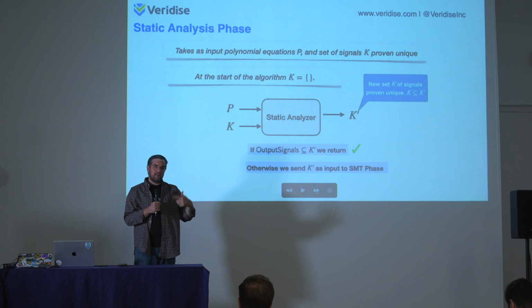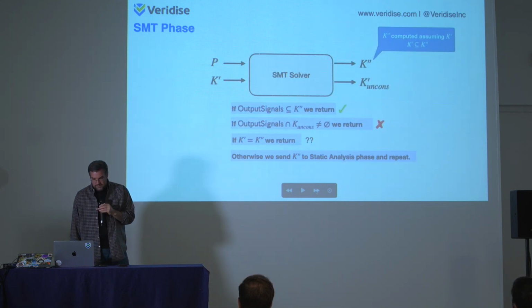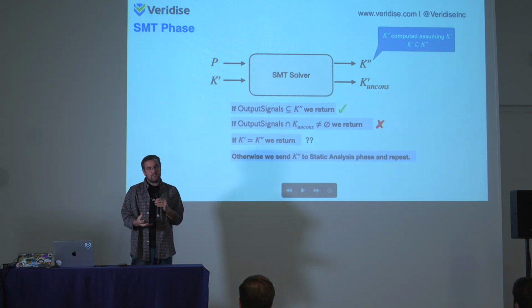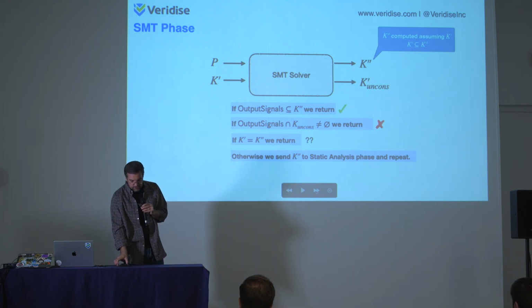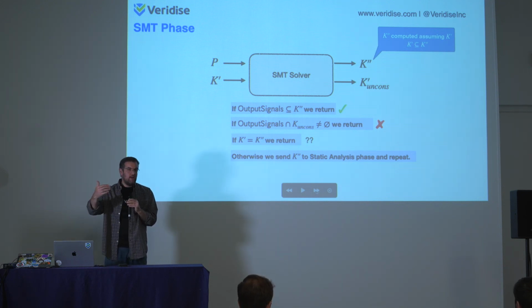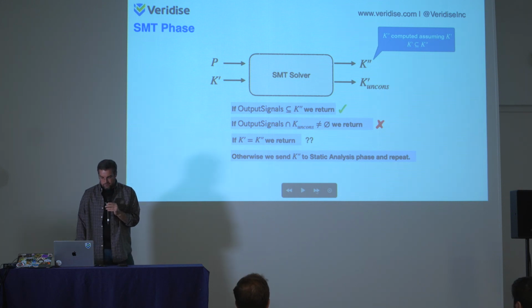So with this interactive loop, you get the best of both sides. Right? And using that, you can really catch under-constrained circuits, and you can push the boundary of the size of the circuits that you can analyze way further.